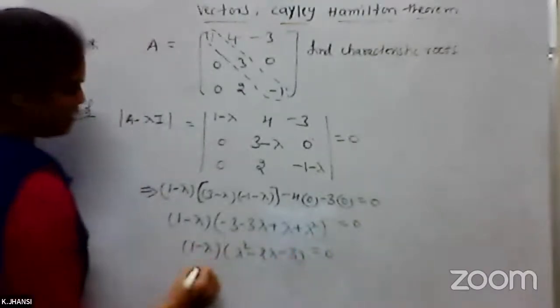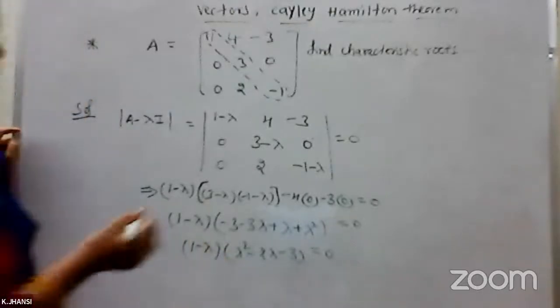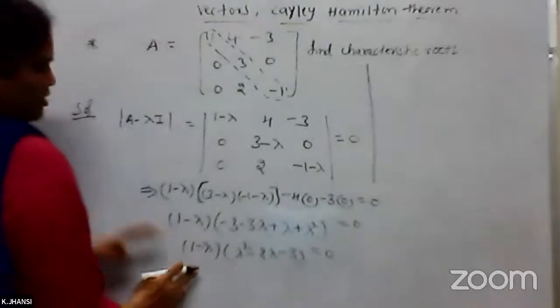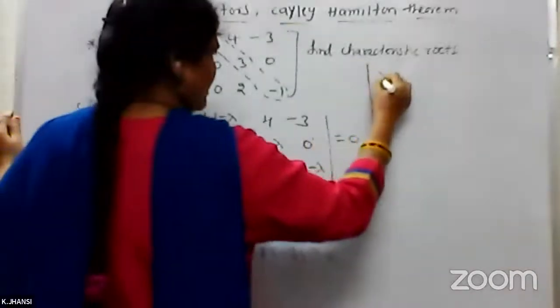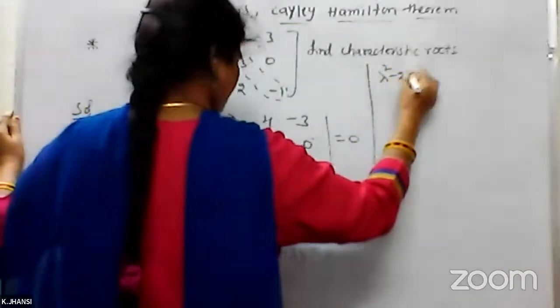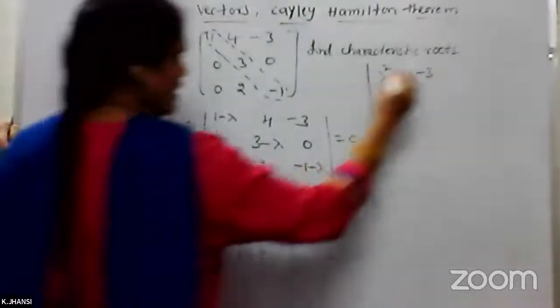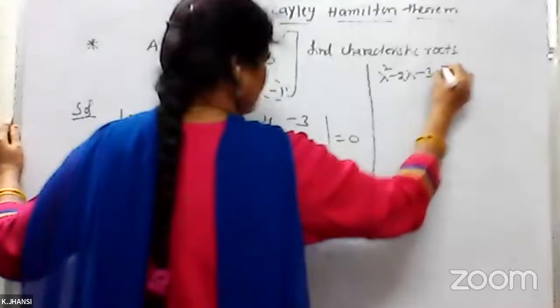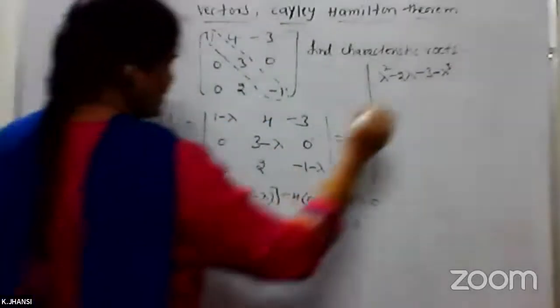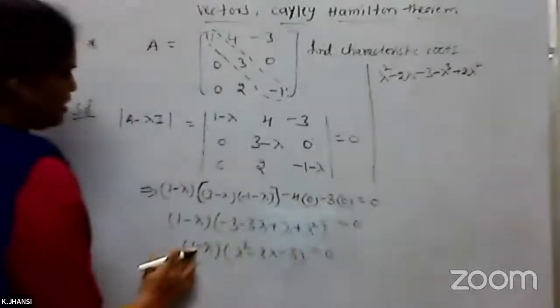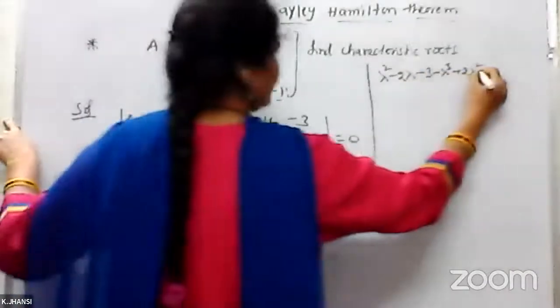So what do you get here? With 1 you multiply lambda square minus 2 lambda minus 3. After that, minus lambda cube, minus into minus plus 2 lambda square. Next, minus into minus plus 3 lambda.